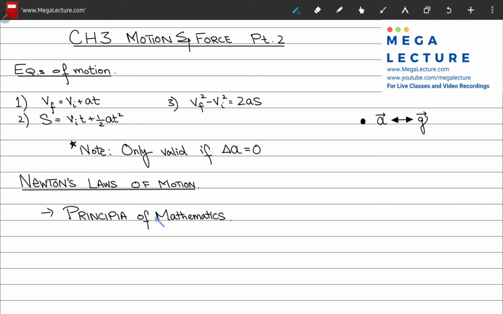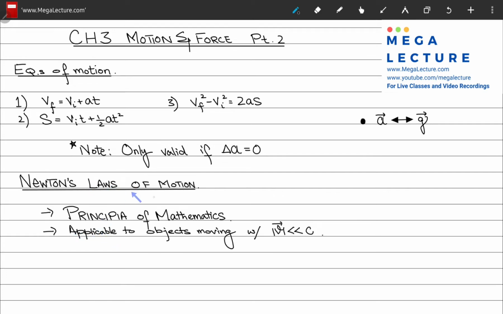It is actually amazing that you can still find this book, including the translated version, and you can also find Newton's laws of motion in the language of Sir Isaac Newton himself in this book, right?